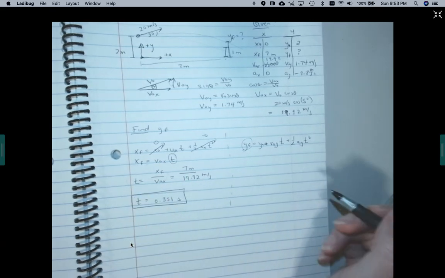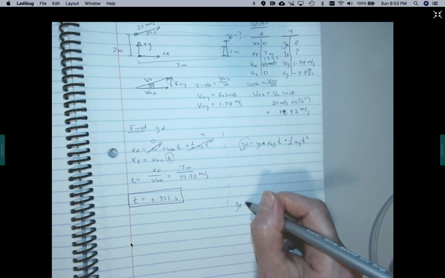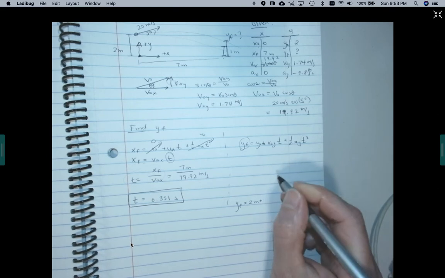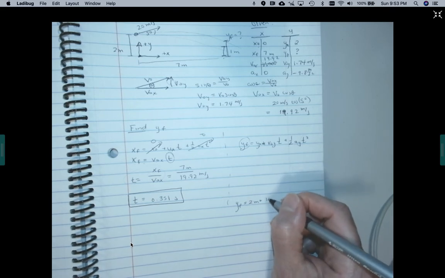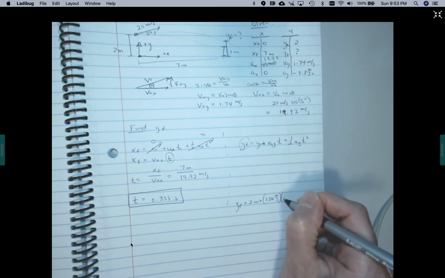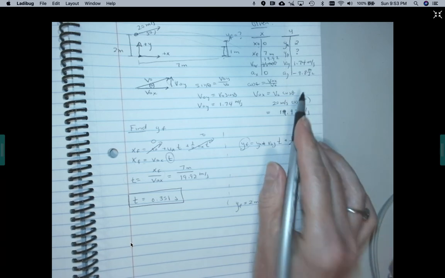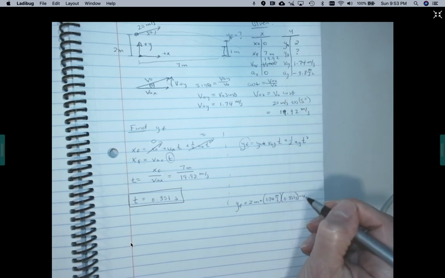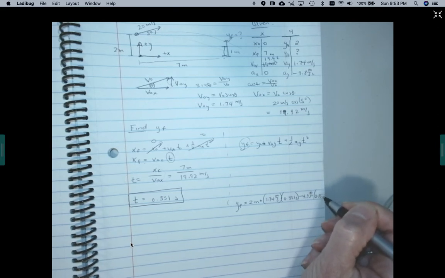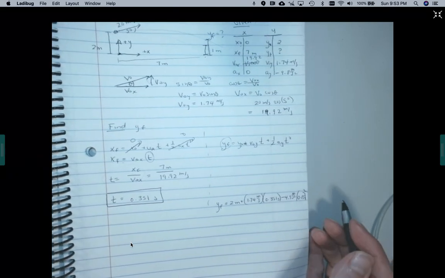Now we can go to our y equation and solve for y final. Plugging in our values, y initial is 2 meters, plus v0y, 1.74 meters per second, times our time, 0.351 seconds, and then 1/2 a, so that's minus 4.9 meters per second squared, times 0.35 seconds squared. Running out of room a little bit.